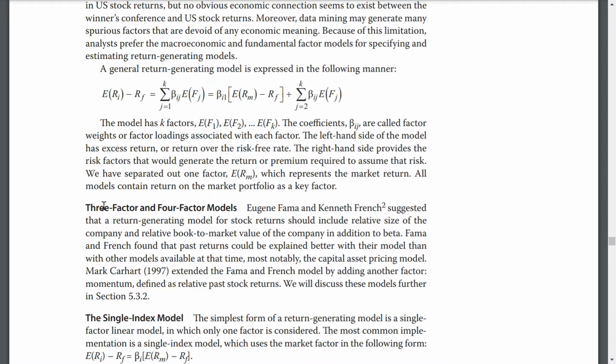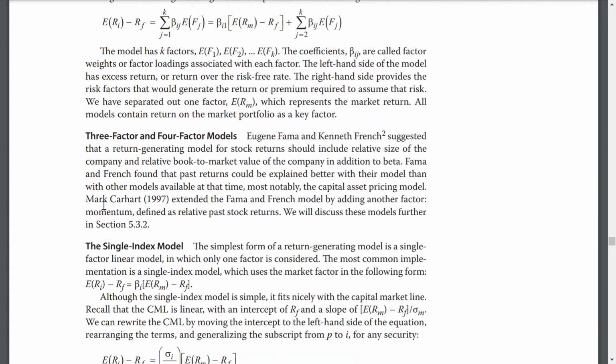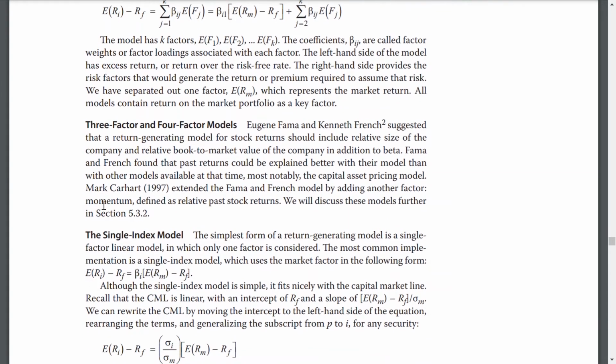Return-generating models are expressed as follows: three-factor and four-factor models. Eugene Fama and Kenneth French suggested that a return-generating model for stock returns should include the relative size of the company and the relative book-to-market value of a company in addition to beta.